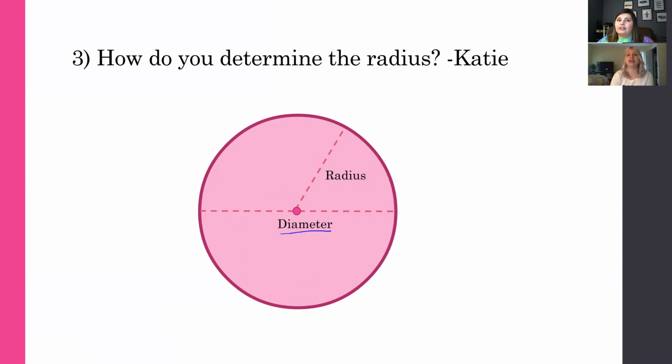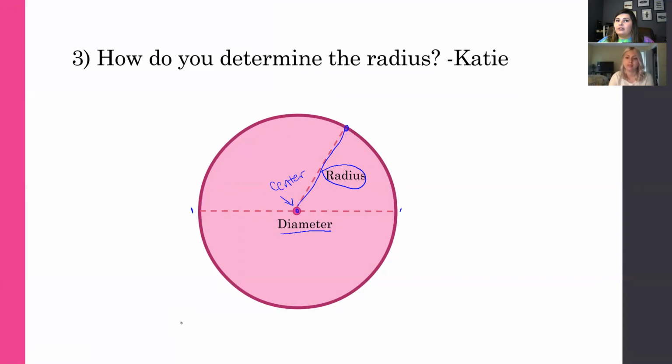It starts here and it ends here. That's going to be our diameter. This circle right here is going to be the center of the circle. But what we are looking for is the radius, which is the line that starts at the center and goes all the way up to the edge here. So what is the radius?